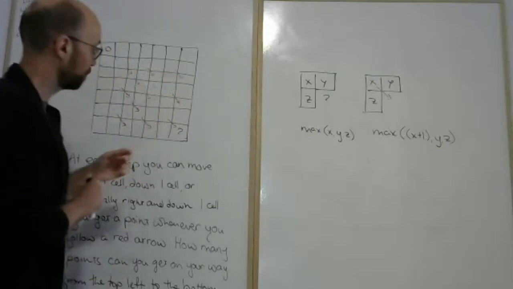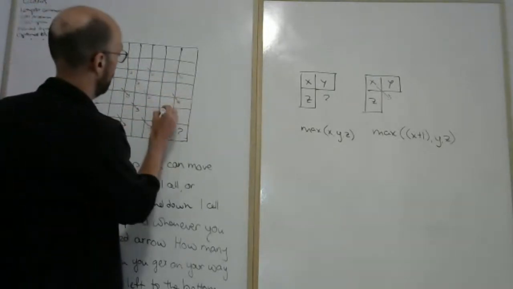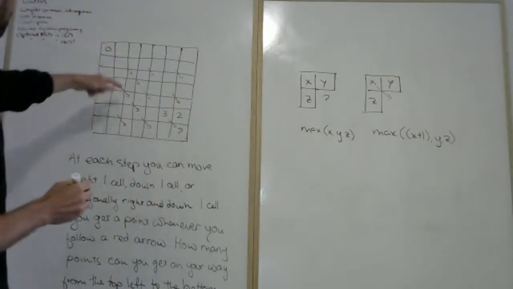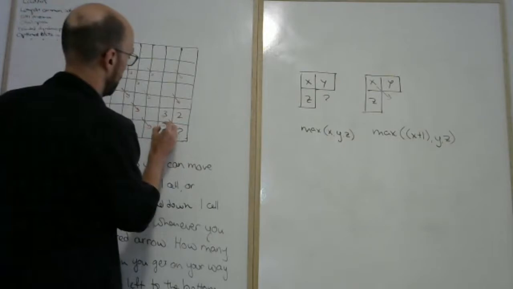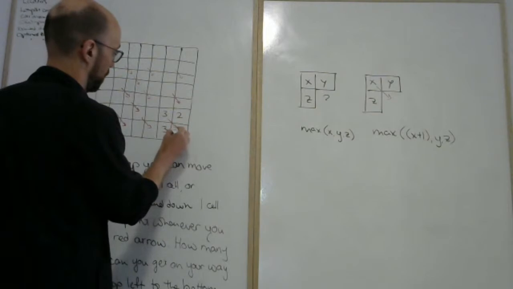So in this case, if the prof told you this is a 3, and this is a 2, and this is also a 3, then you say, okay, well, this is going to be a 4. So you can get it.